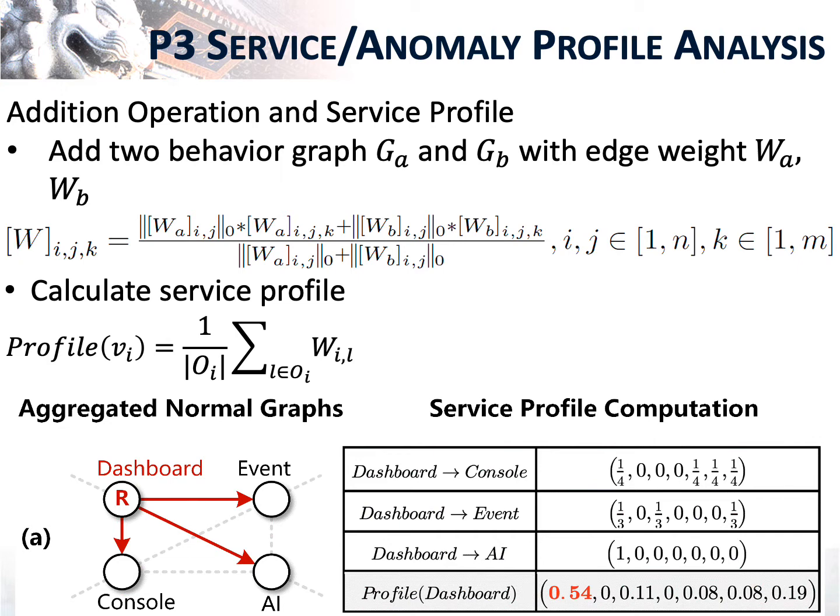Thus, we aggregate historical weight of behavioral graph of each service by defining an addition operation over graph, given as these equations. The figure below shows an example profile. After calculation, dashboard service gets its highest weight for metric latency, which means it can be best described with latency metric.